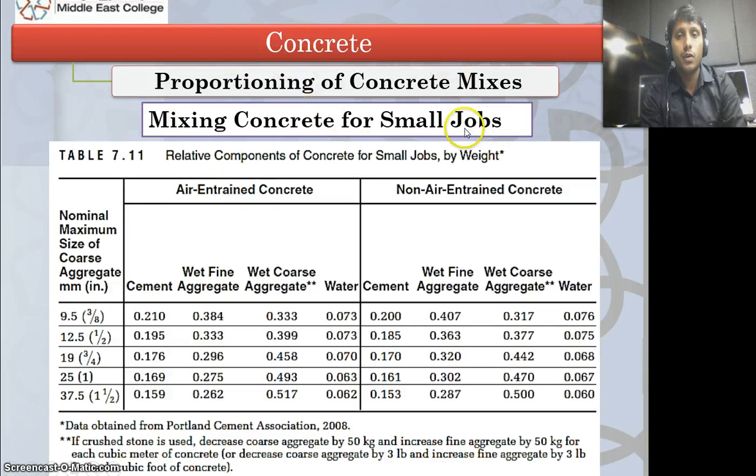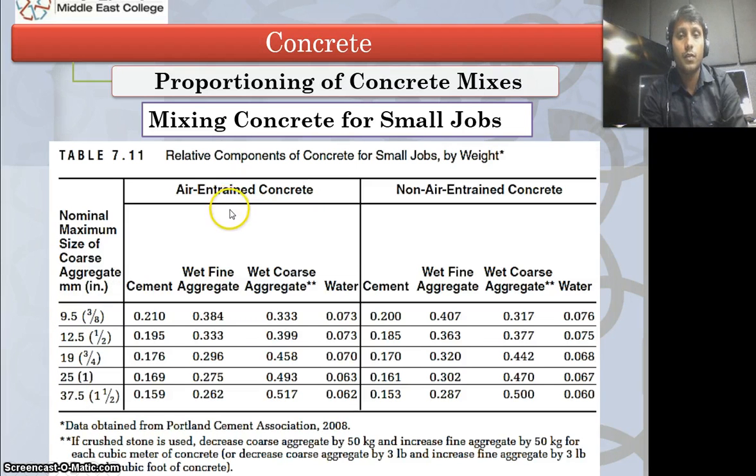This is the proportion of concrete mixes. If you observe this table, the first column is the nominal maximum size of coarse aggregate. The coarse aggregate sizes in mm and inches are 9.5, 12.5, 19, 25 and 35. These are the sizes of aggregates. This table gives values for air entrained concrete.